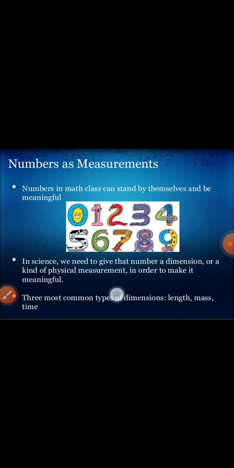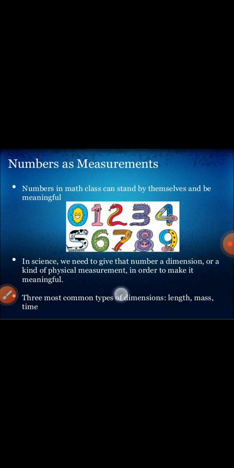Now, what is the importance of measurement in science? It is a fundamental skill of science. Without measurement, we could not describe our observations. Numbers, you all know, in maths, can stand by themselves and they can be meaningful.